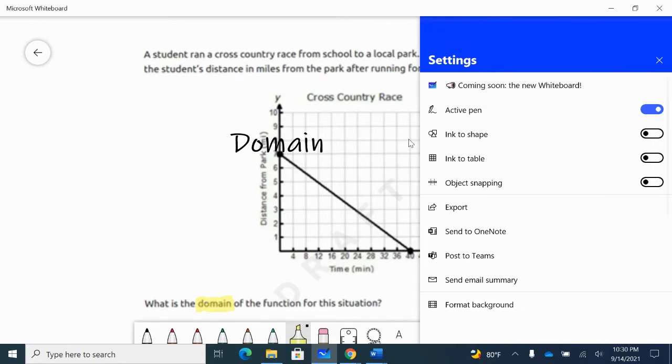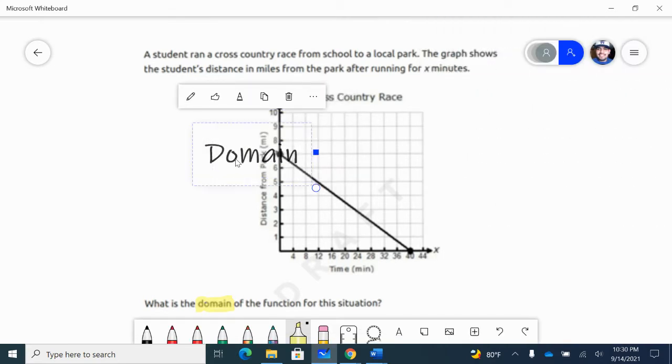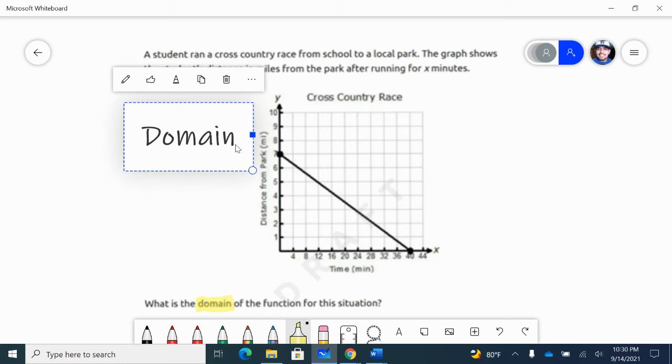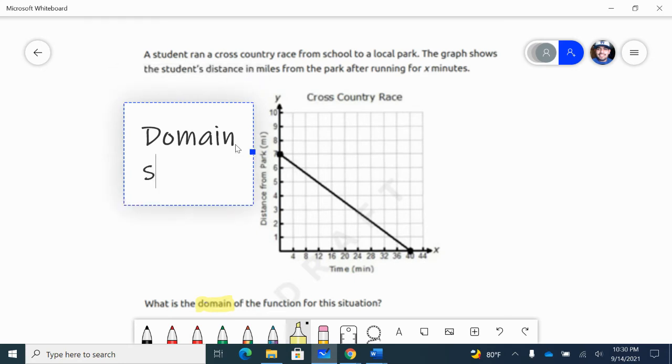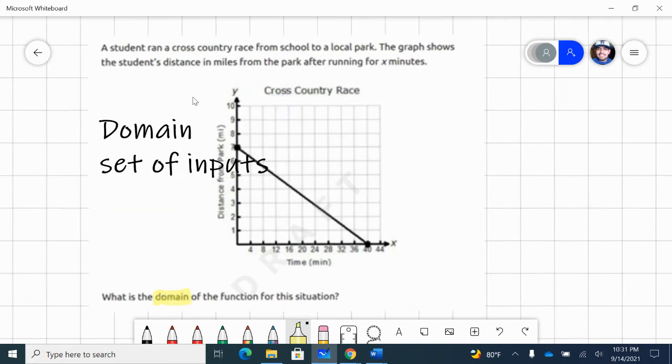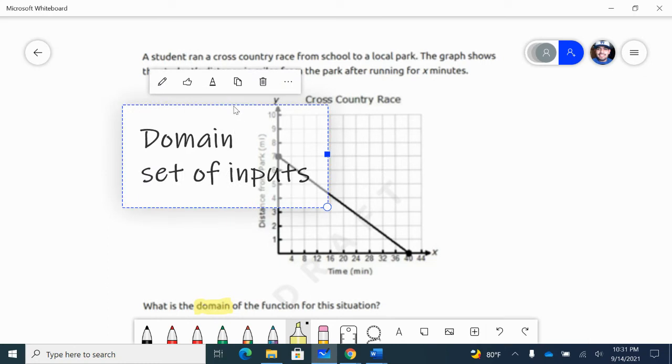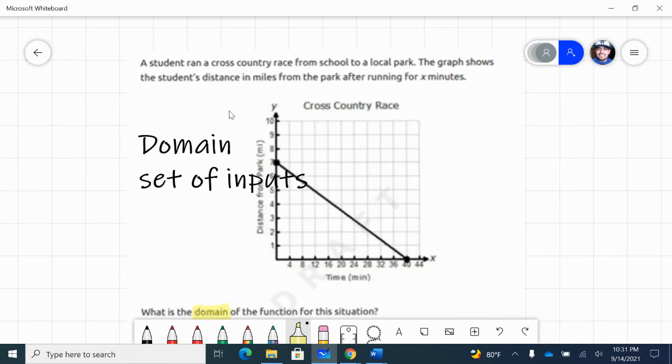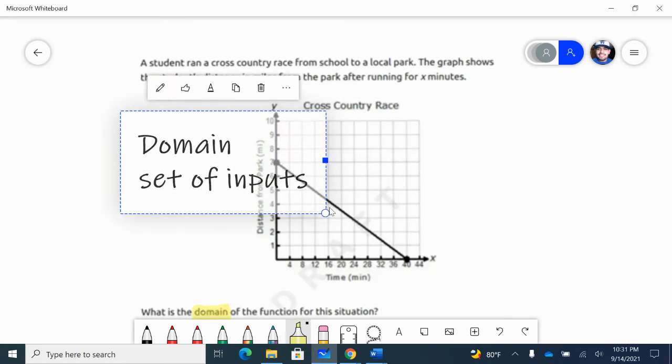All right, maybe I have to do this. My apologies. All right. Domain is a set of inputs, right? So domain is the set of inputs. All right. That is what domain is. So on the left side of the graph here, go and write that down, please. Domain, it is the set of inputs.